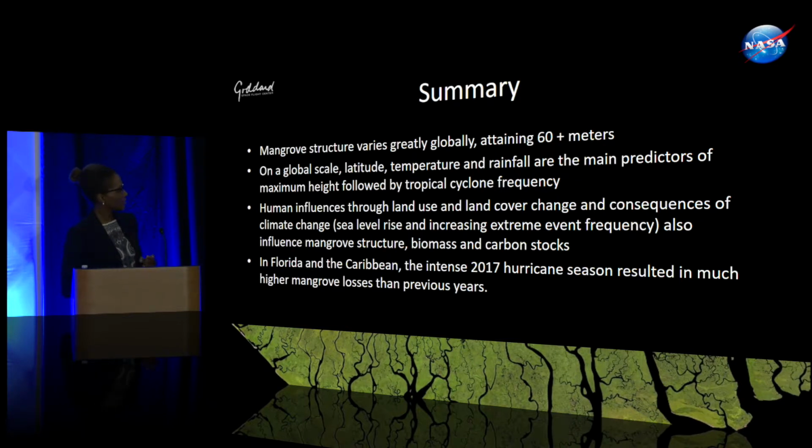We also showed that human influences of land use and land cover changes, and even human influences through climate change, such as sea level rise and potentially increasing extreme event frequency, are also really influencing mangrove structure, biomass, and carbon stocks globally. And then when we focus on Florida and the Caribbean, we've seen that the intense 2017 hurricane season resulted in much higher mangrove losses than tropical storms in previous years.